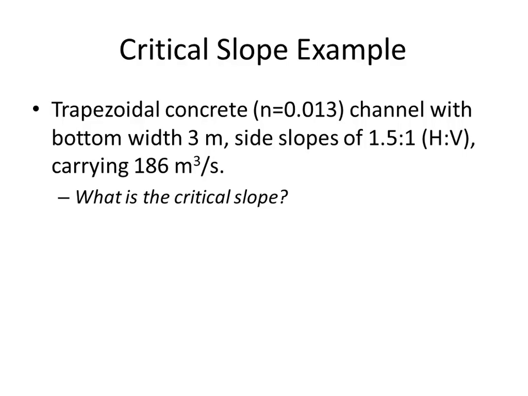So that is the formula for area. And we set that equal to 1. Okay, so we use our solver and find that the depth of flow is 4.121 meters. That's the critical depth.